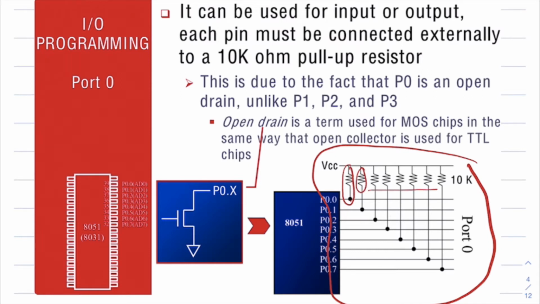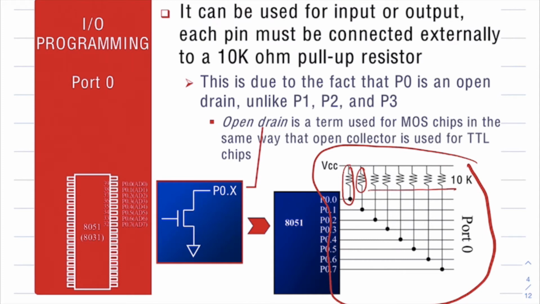So all the ports are connected to VCC through a pull-up resistor. Generally they suggest using a 10 kilo ohm resistor here. So by default we need to connect it to make this port function properly.